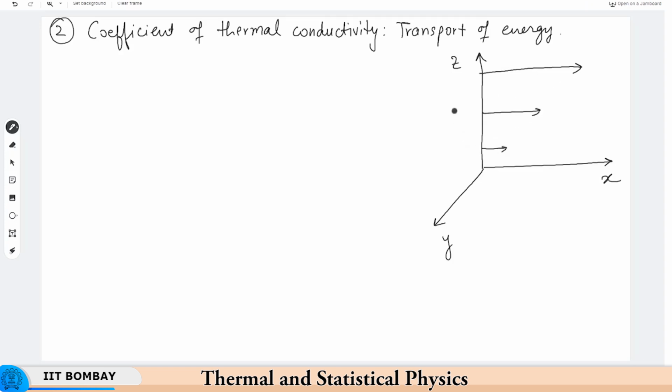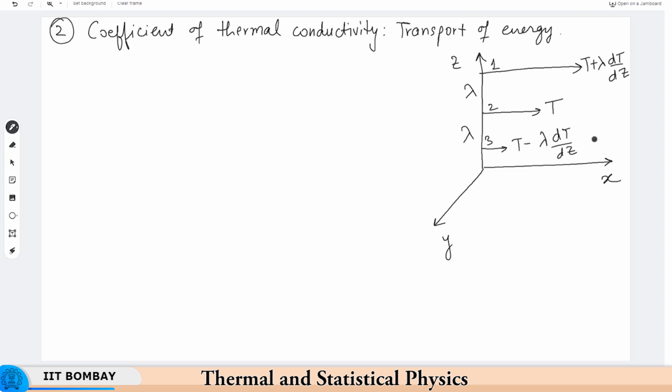Say this is your plane 1, plane 2, plane 3, again separated by a typical distance lambda, and the temperature of the gas molecules in this plane is T plus lambda times dT by dz, where dT by dz is the temperature gradient along the z axis. So, this is temperature T and this is T minus lambda dT by dz.